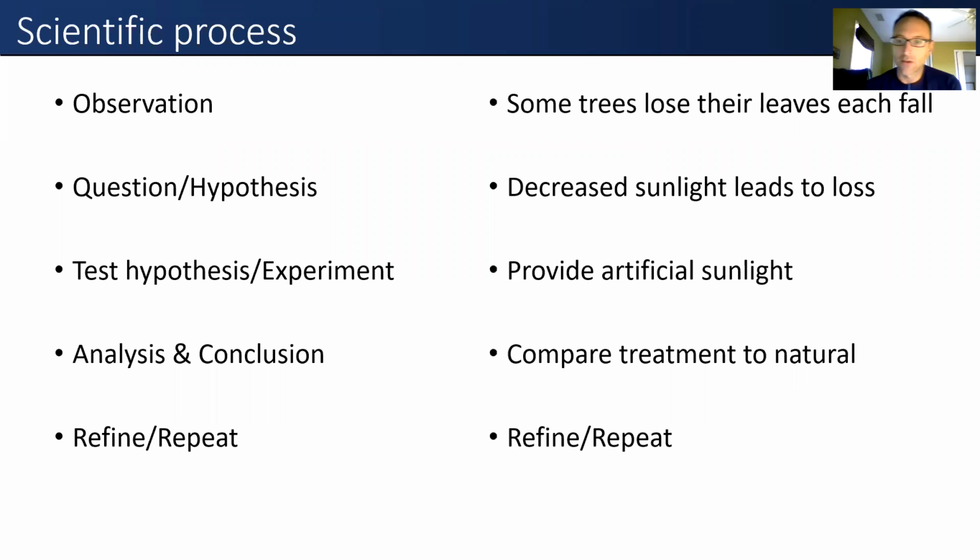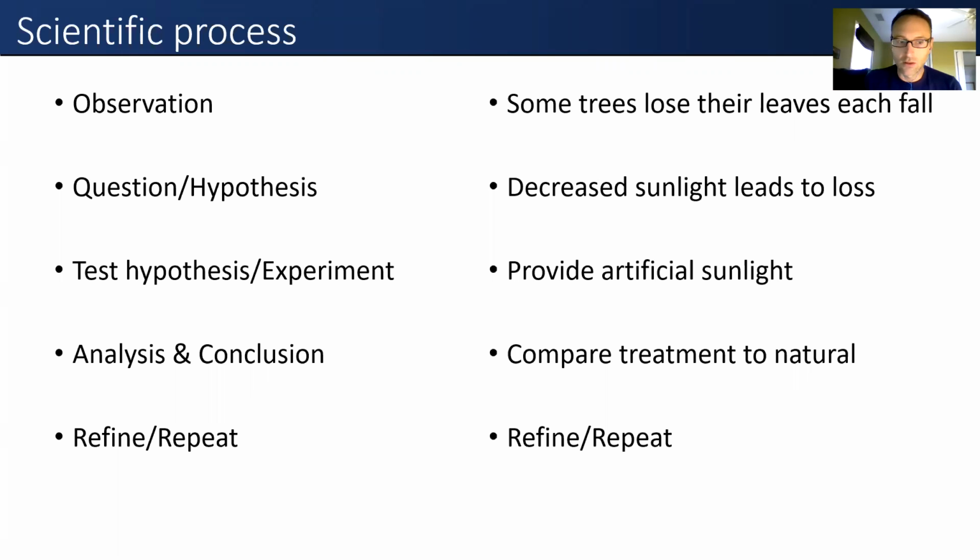And then we're going to compare that treatment to our control group, or a natural tree that's exposed to the natural sun cycle. And we're going to analyze those results. And then we're going to potentially repeat the experiment going forward.